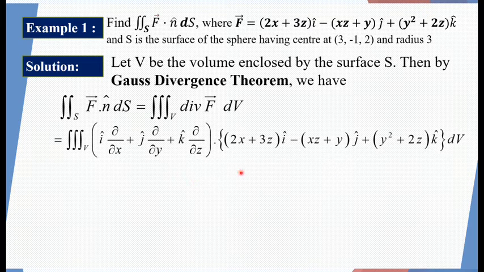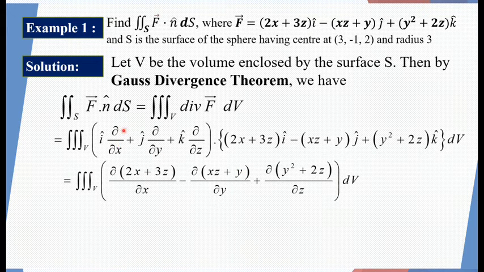When we make dot product, then i dot i, j dot j, k dot k are 1, rest are 0. So del over del x of (2x plus 3z), del over del y of minus (xz plus y), so take minus outside here, and del over del z of (y square plus 2z) dv. So partial differentiation of 2x plus 3z with respect to x is 2, because this is 2 and this will be 0.